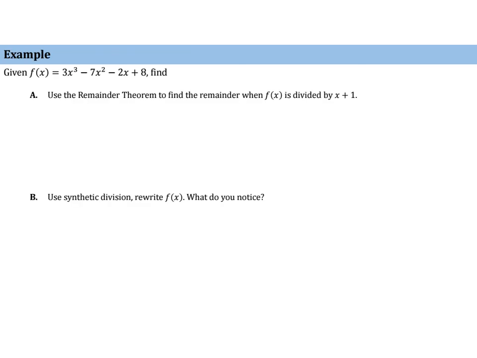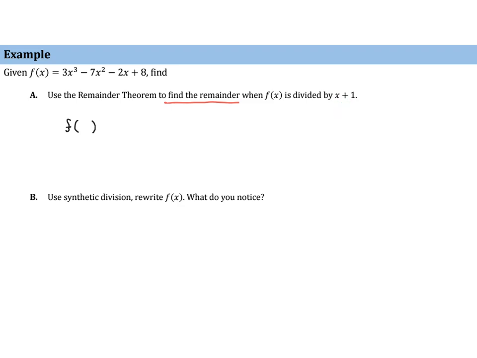So let's use that remainder theorem in this example. What is the remainder? So the goal is to find the remainder whenever we're dividing by x plus 1. So to determine the remainder, we don't have to go through the synthetic division. We can go ahead and substitute our value in. Well, what's being subtracted from x? Negative 1.